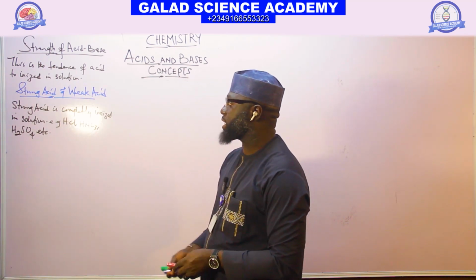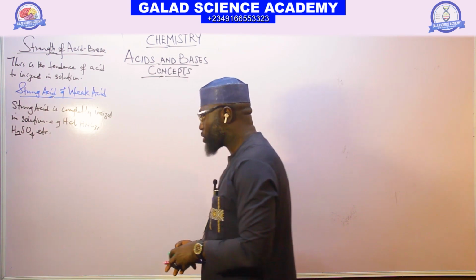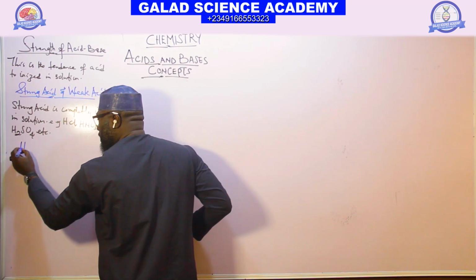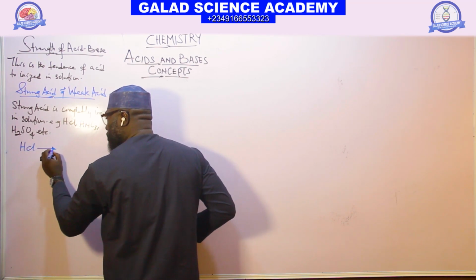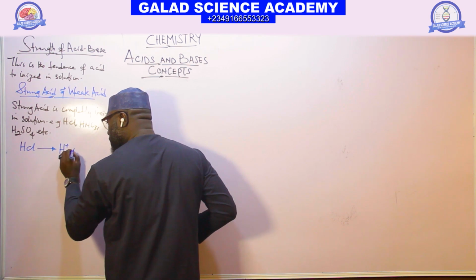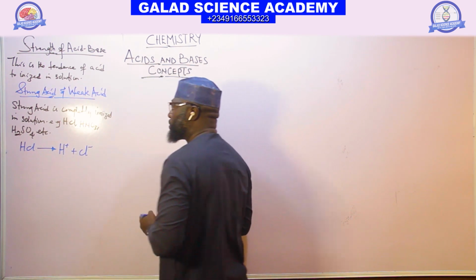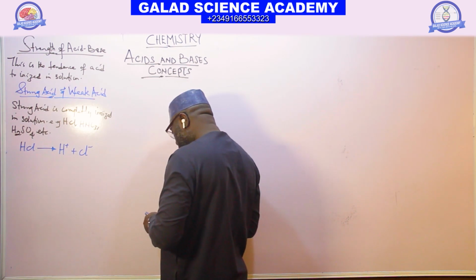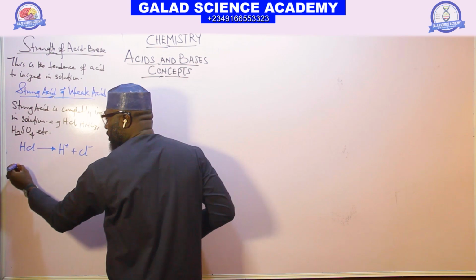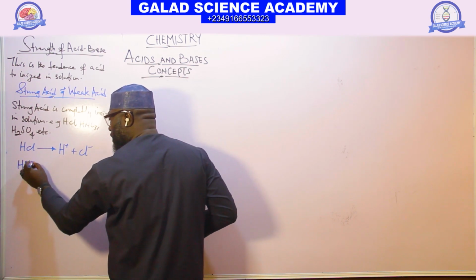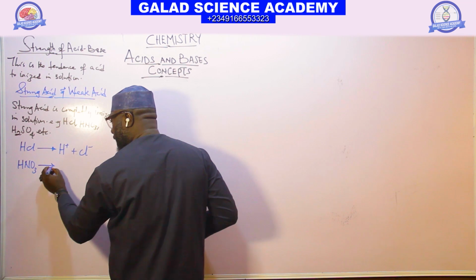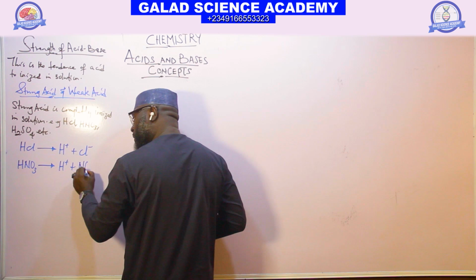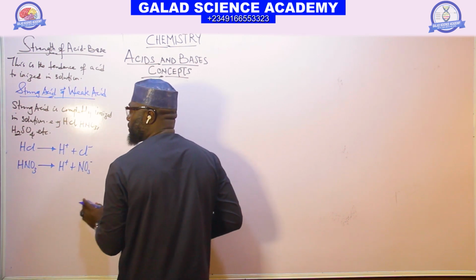So when these strong acids ionize in solution, we have it in this form. HCl gives us H plus and Cl minus, completely ionized. HNO3 ionizes and gives us H plus and NO3 minus.